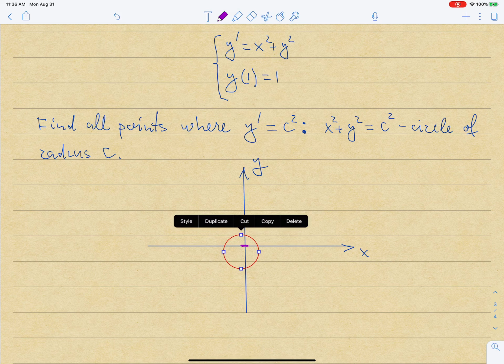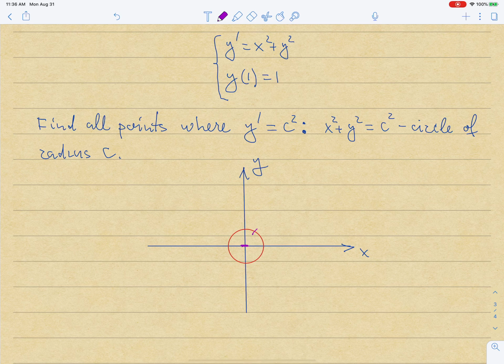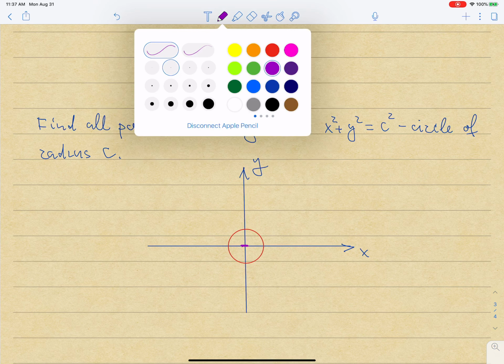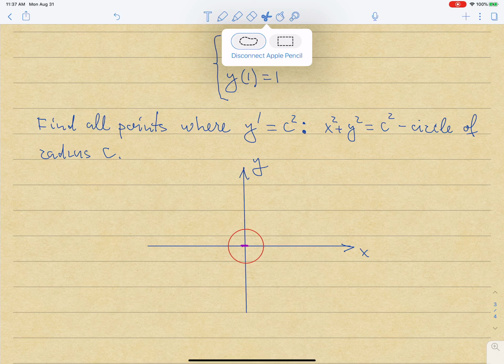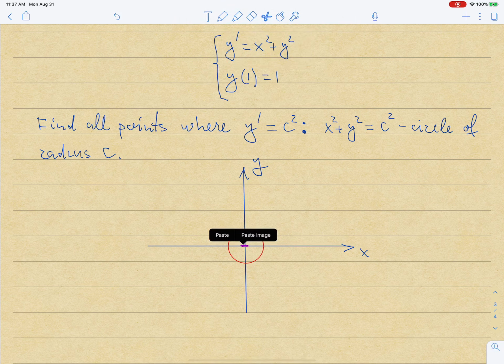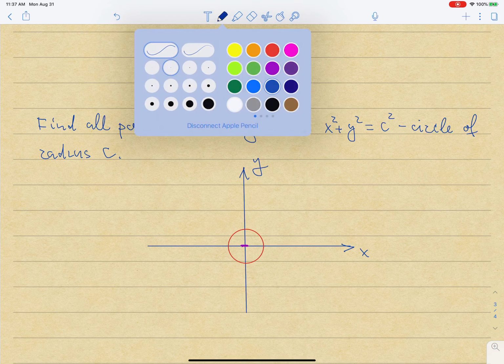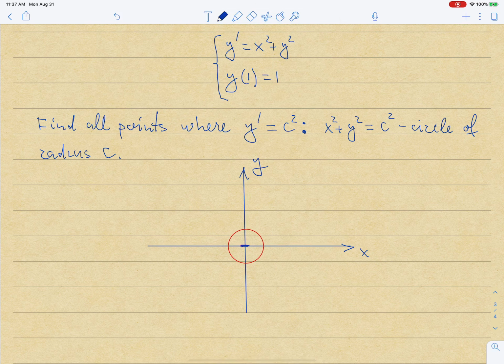Everywhere on the circle, slope is 1. Let me just fix the colors, because I'm using blue to sketch the tangent lines.